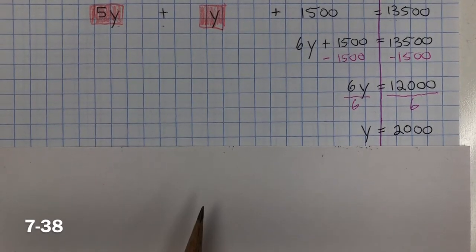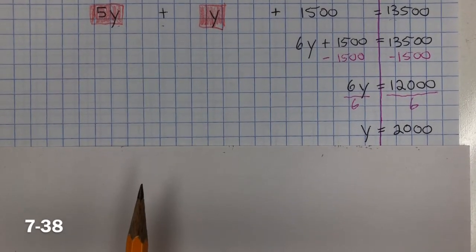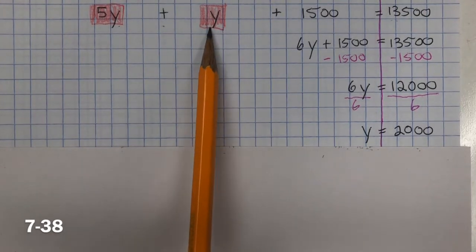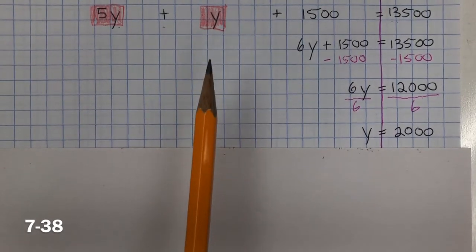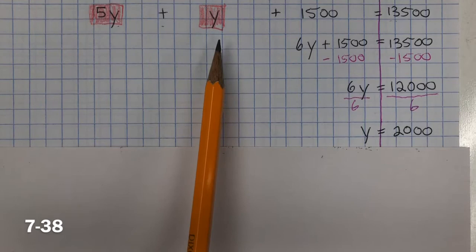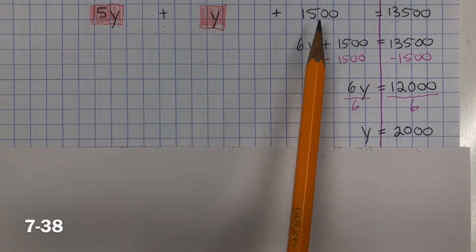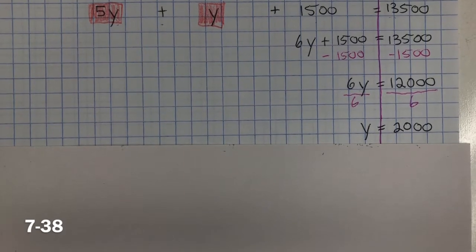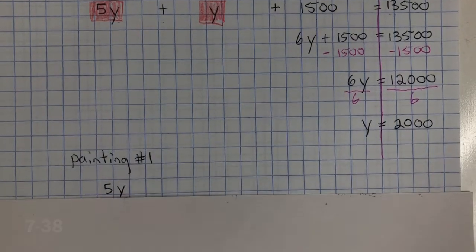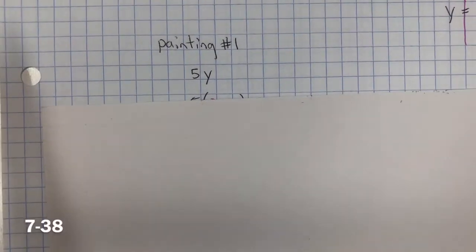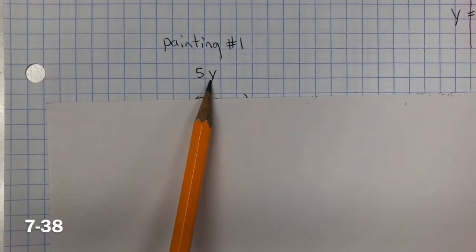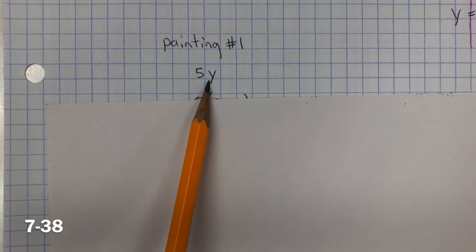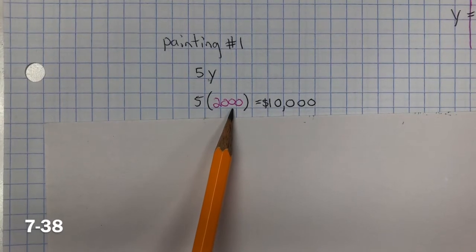So Y equals 2,000. So now we know that painting 2 was worth $2,000 and painting 3 was worth $1,500. So now we have to find out, well, how much was painting number 1? Painting number 1 was 5 times the second one, and the second one was worth 2,000.